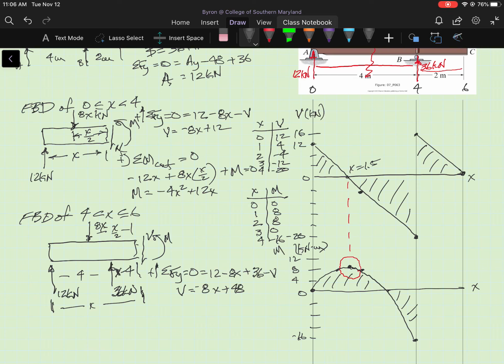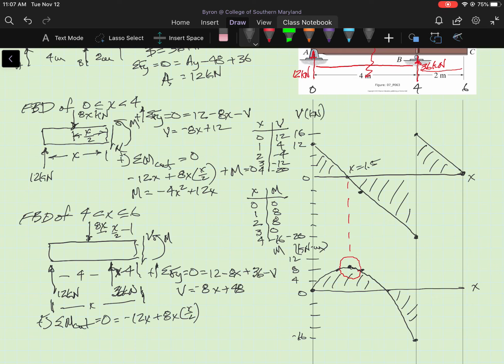Now I'm going to write the moment equation. This one gets a little bit busy. I'm going to start it over here. Sum of the moments at the cut, counterclockwise positive, equals 0. Equals minus 12x, the moment of the 12 kilonewton force about the cut, plus 8x times x over 2.